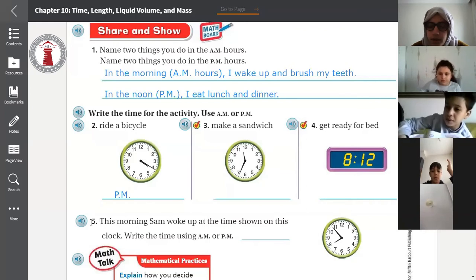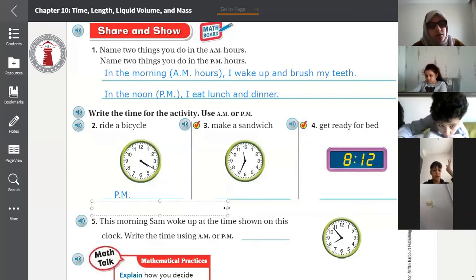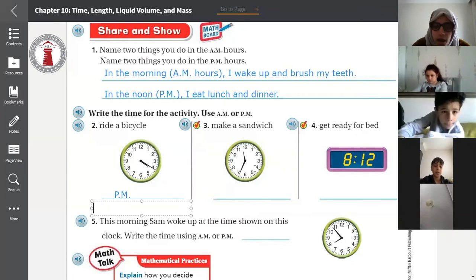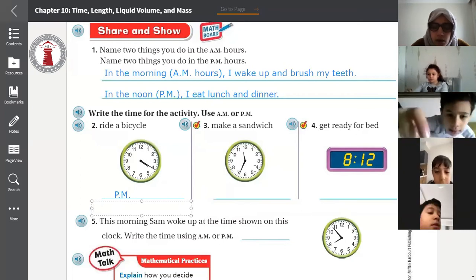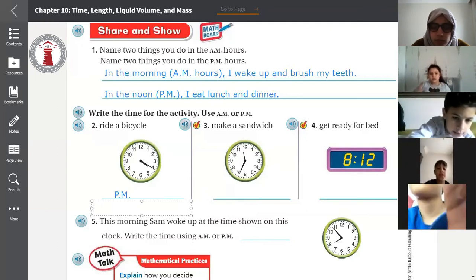Azza, do you have a question or you just want to participate? No, can I answer the 3, or? Yes, you can. Just give me a second to write the time for number 2. Why don't you help me with number 2? How do I say the time for the clock? What time is it for number 2? 4.5.